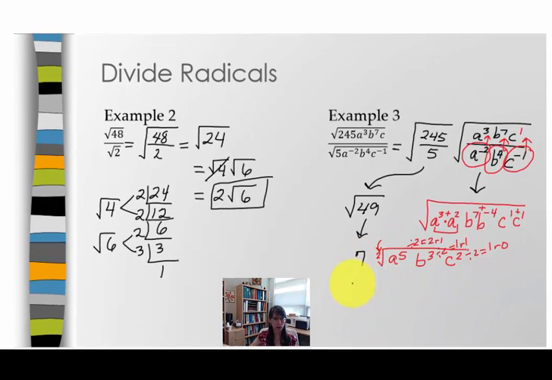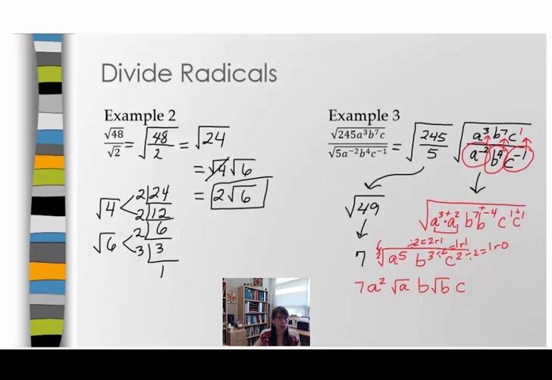We'll go back to the numerical base of 7. With base a, 2 remainder 1 means 2 bases of a clear, but 1 remains under the radical. For base b, 1 remainder 1 means 1 base of b clears and 1 base of b remains. For base c, 1 remainder 0 means c clears and none of base c remains.